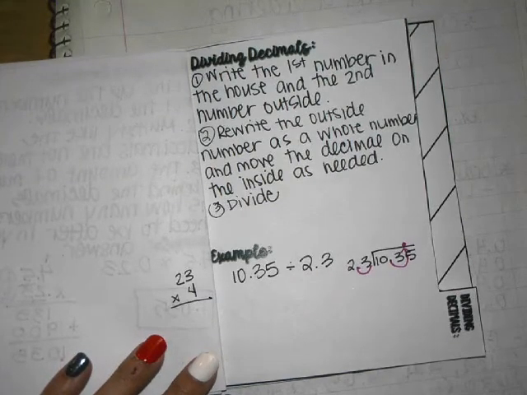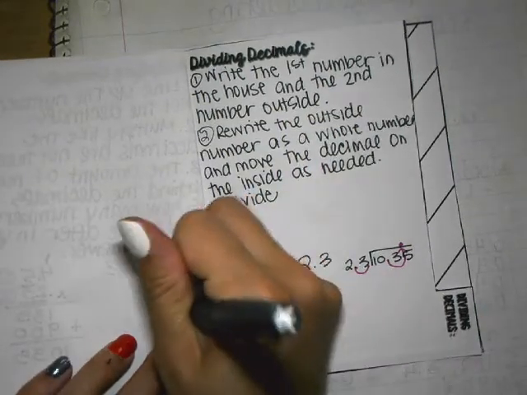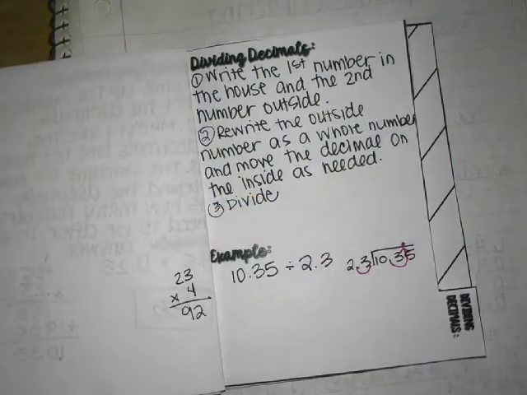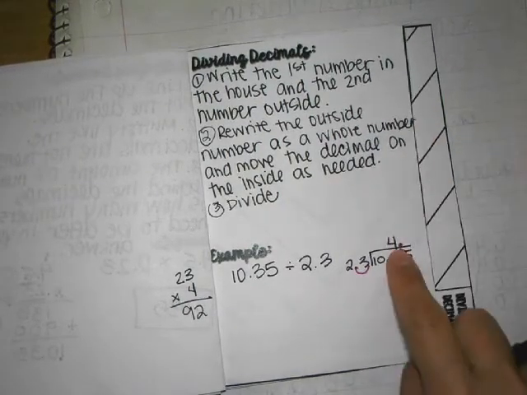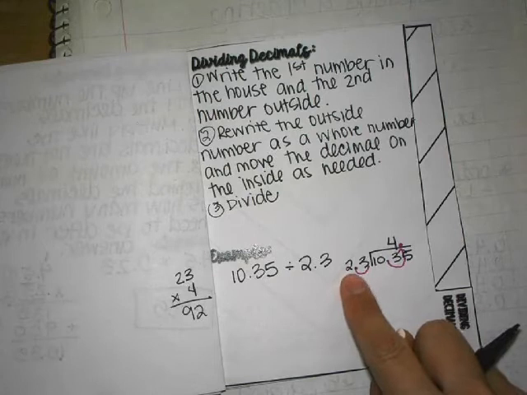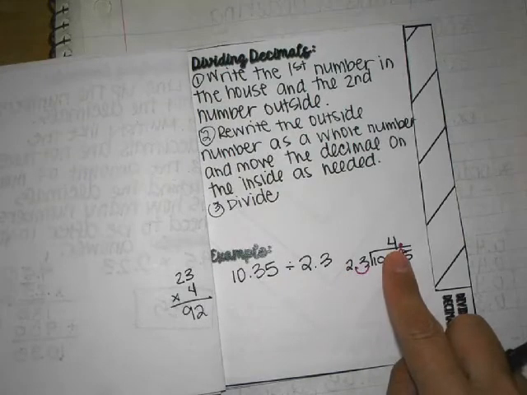What do we get? 92. So it is 4. So we put a 4 above the 3 because 23 goes into 103 4 times.